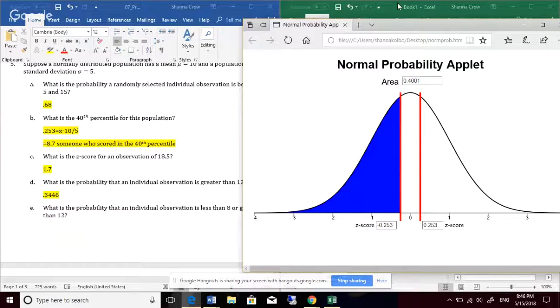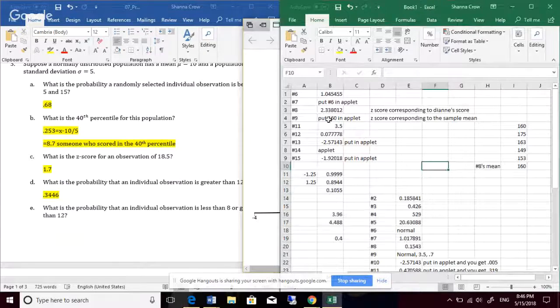No? What did I do wrong? You said you got 6.5 equals x? I got 10.265 equals x.